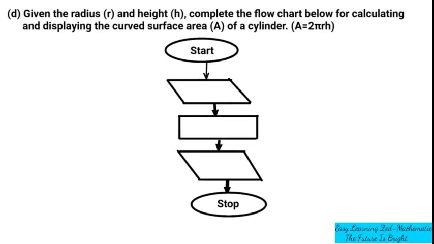Now you should know that the parallelogram immediately after start is a parallelogram. In that parallelogram, that means input from start, it's input. Then this rectangle symbolizes the processing. Okay, so the first parallelogram is for the input. Then the rectangle in between the two parallelograms is the processing.